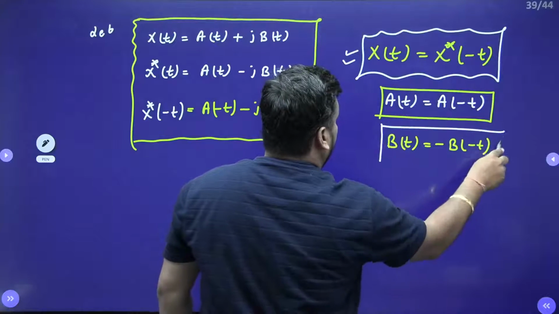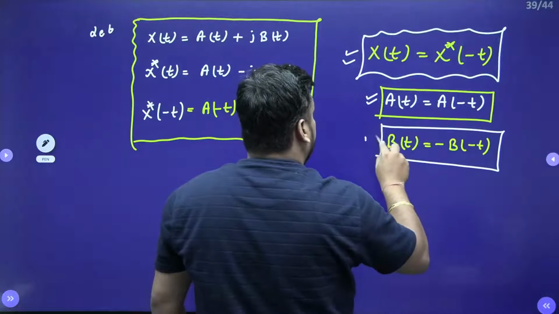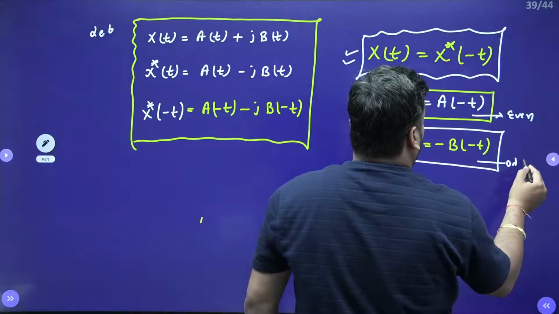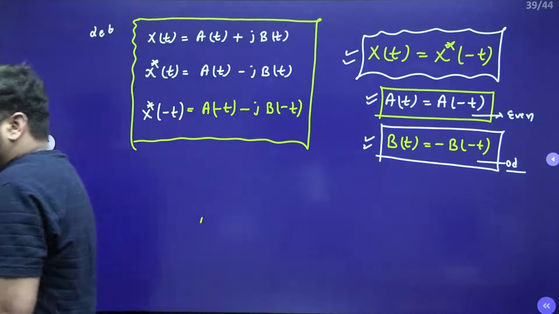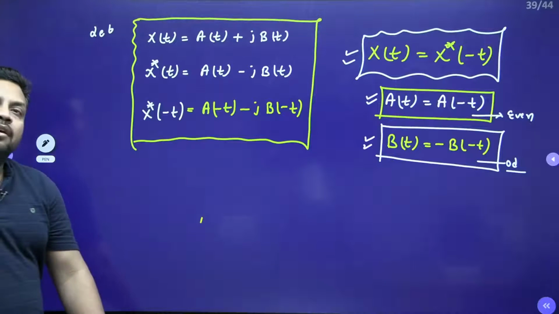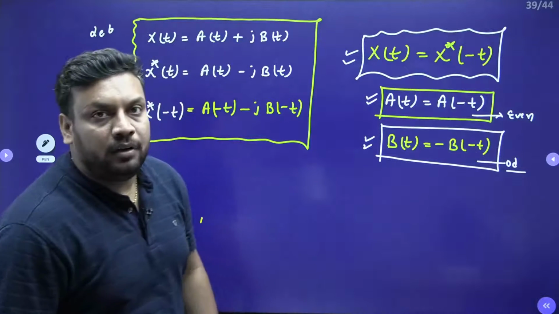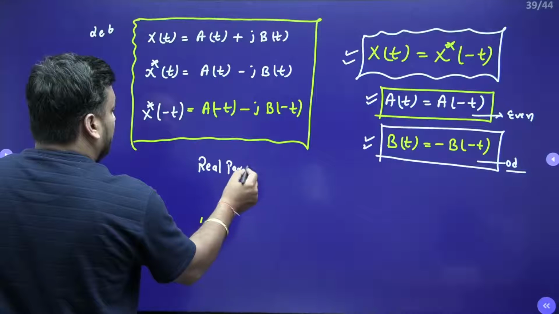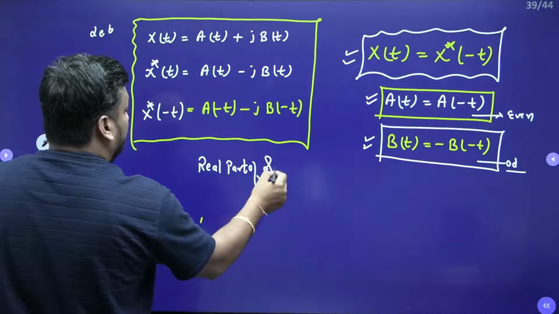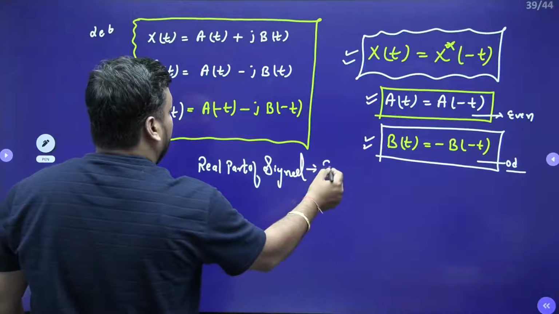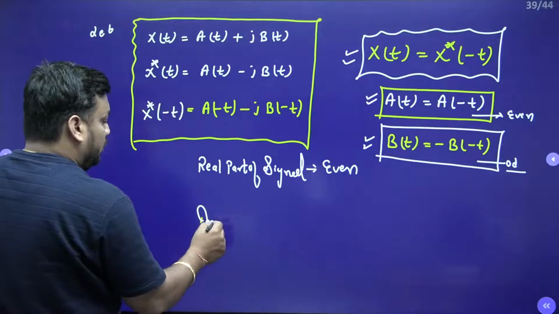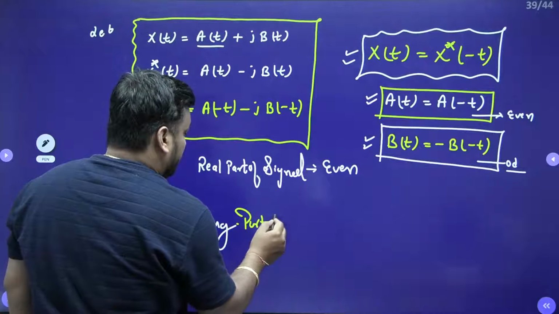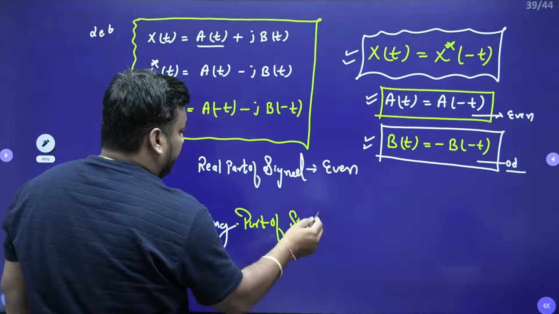Is it crystal clear or not? So it means it is an even and an odd condition. To make the signal conjugate symmetric, to satisfy the conjugate symmetric condition, the real part of the signal must be even, because here the real part is a(t), and the imaginary part of the signal will become odd.